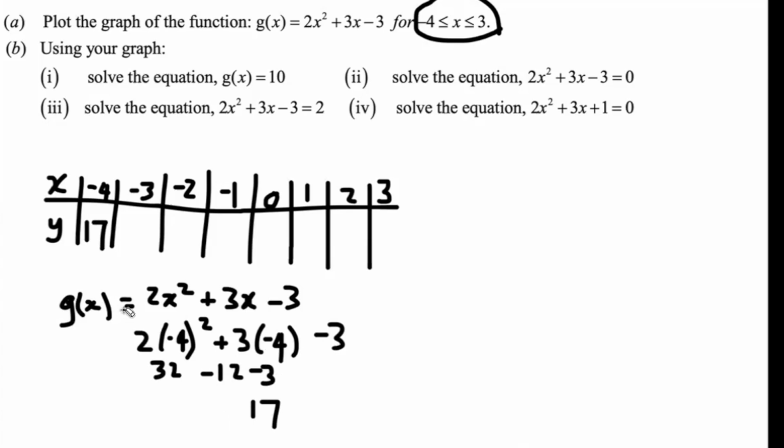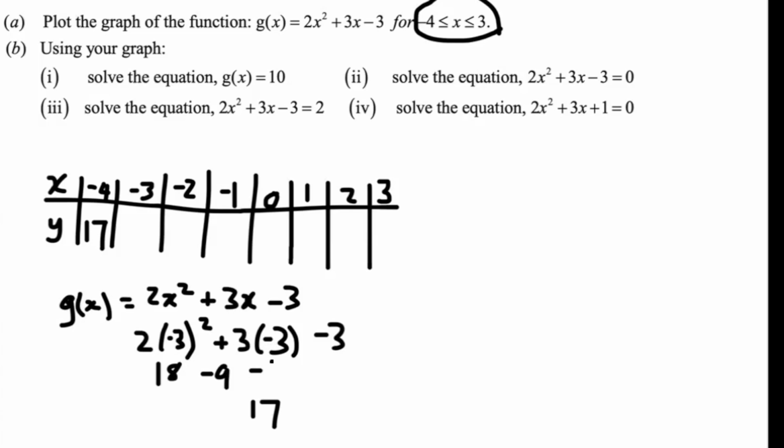So we're going to do the same thing when x is negative 3. So where I have x, I replace it with minus 3. And we go ahead and work out the values. So negative 3 squared is 9. So 9 times 2, that's 18. Minus 3 times negative 3, that's negative 9.